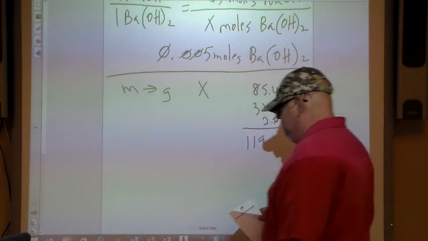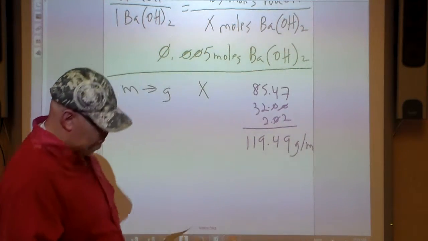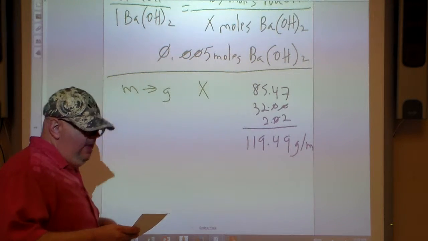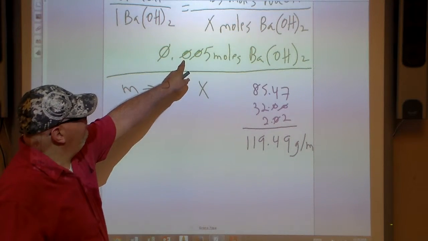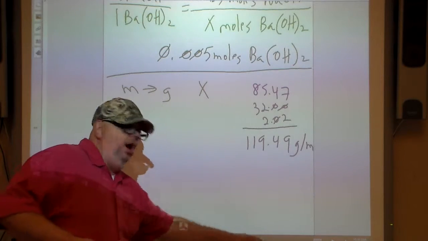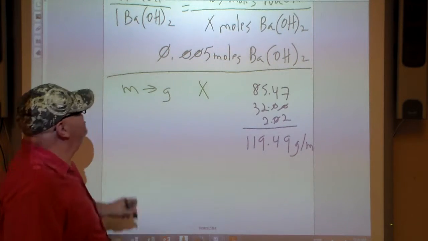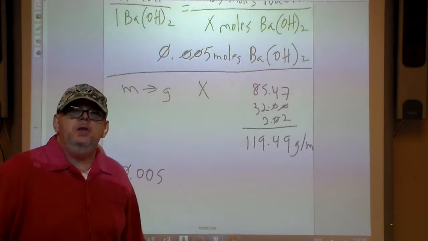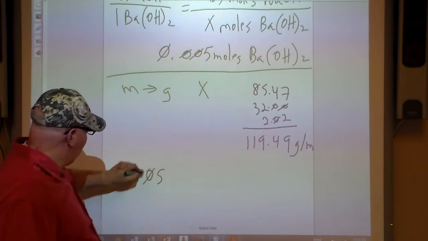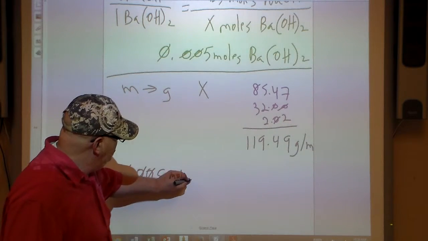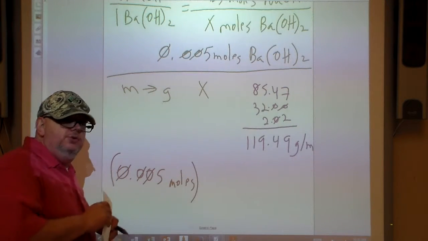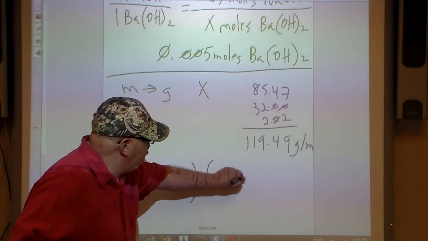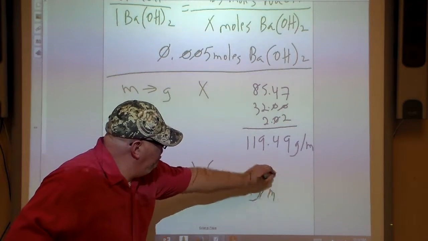Now let's move on. We have our moles. So our last step: 0.005 moles multiplied by 119.49 grams per mole.